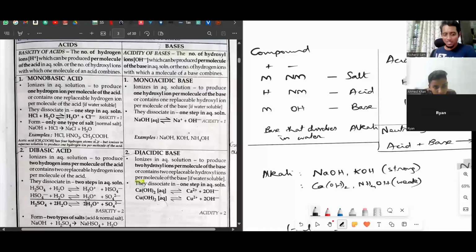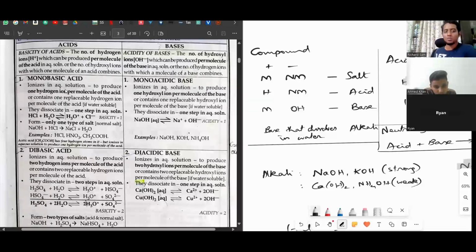What about CH3COOH? Here, how many hydrogen ions are there? Only the last hydrogen is the one that is going to dissociate. So there's only one hydrogen ion. The CH3, the H3, is not what makes it the acid. That is part of the negative ion.